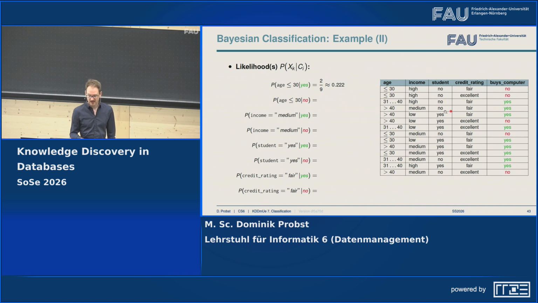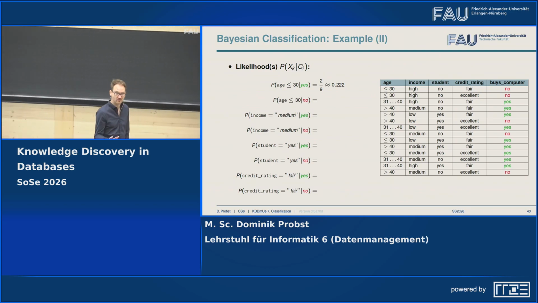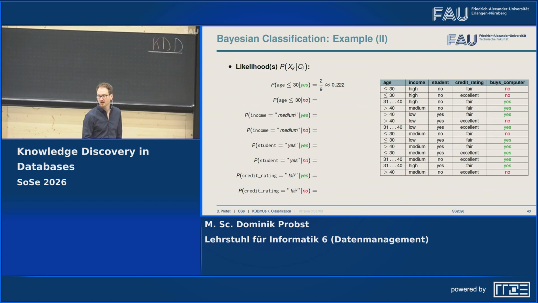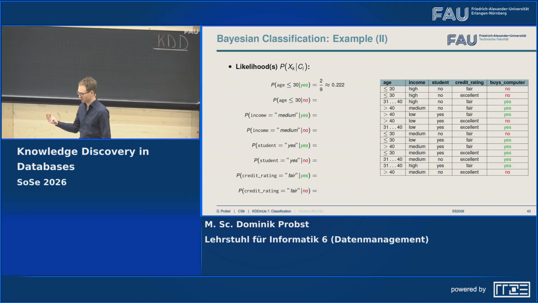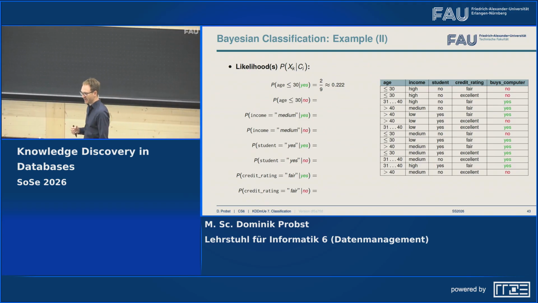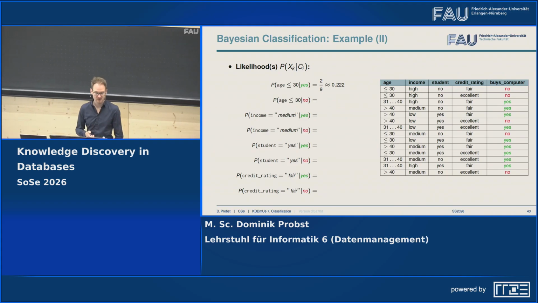And now we have to count how many of these are below 30. So we have 1 here, and we have 1 down here. These are the only 2 tuples that are both of age below or equal 30, and of class yes. So we set the likelihood at 2/9.